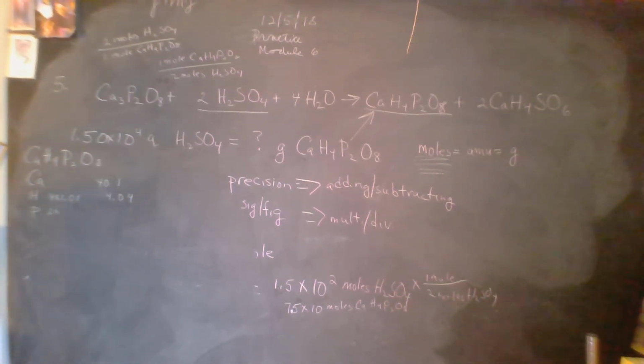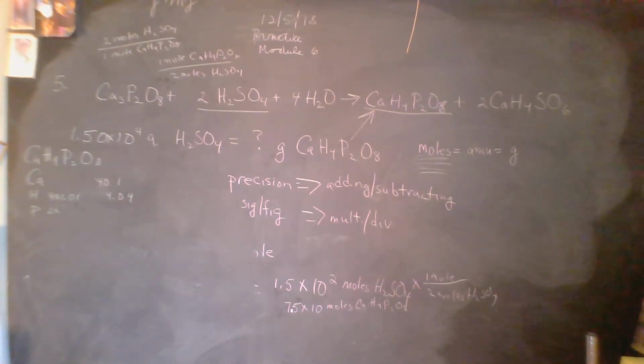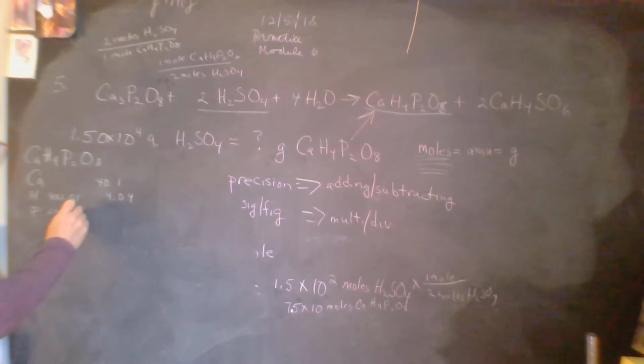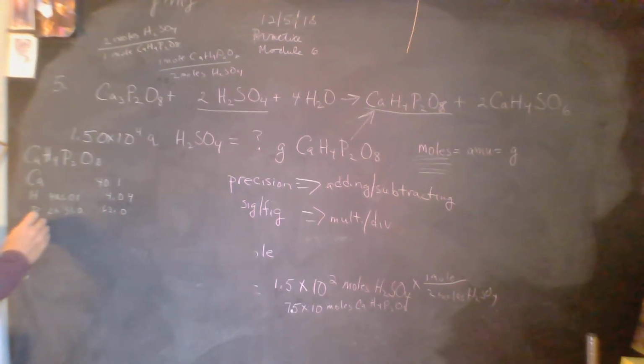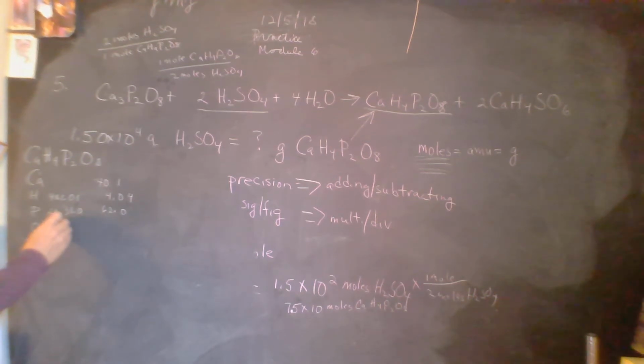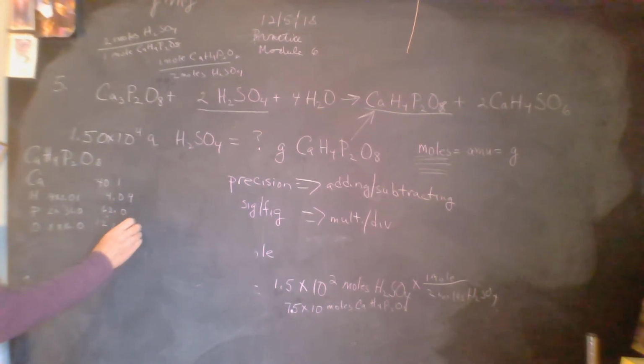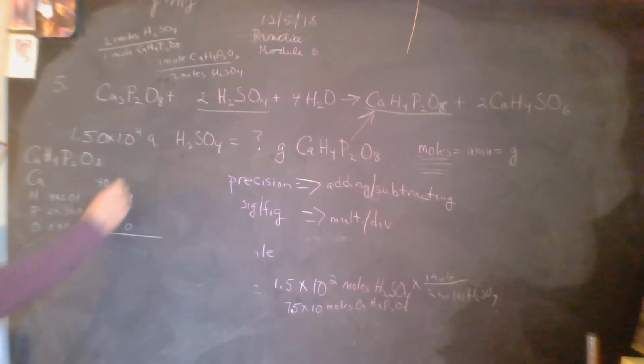Phosphorus, that's pH, right? No, it's P. Just P. Okay, well that's 31.0. That's 62. And how about the oxygen? Oxygen is 16.0. Okay, so 8 times 16 is 128.